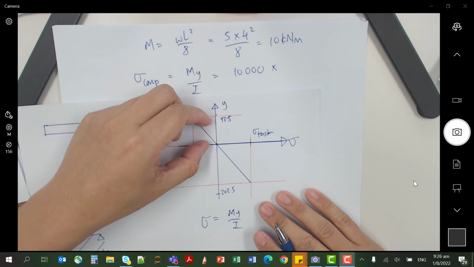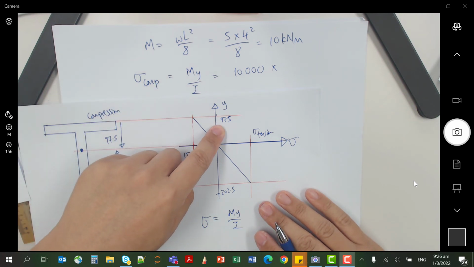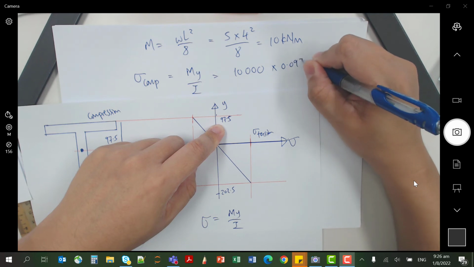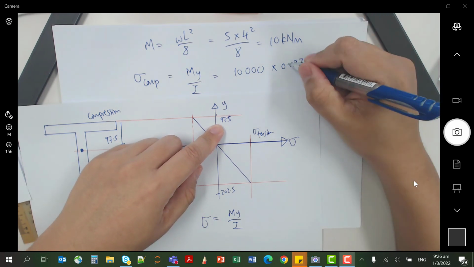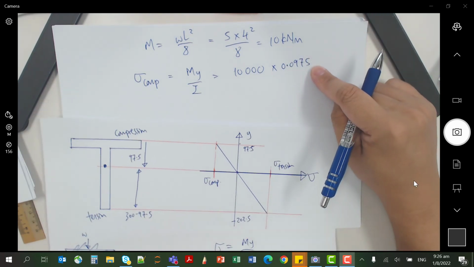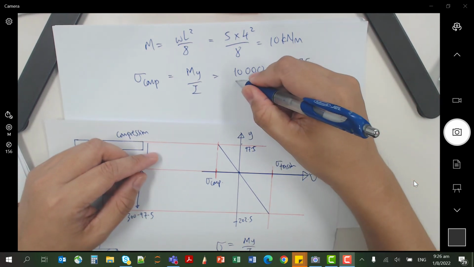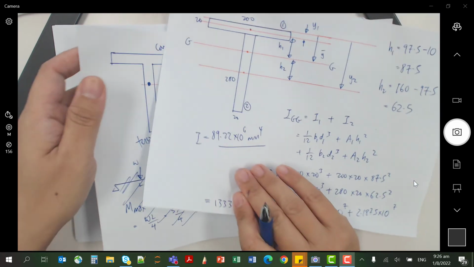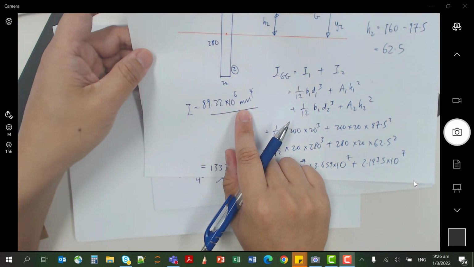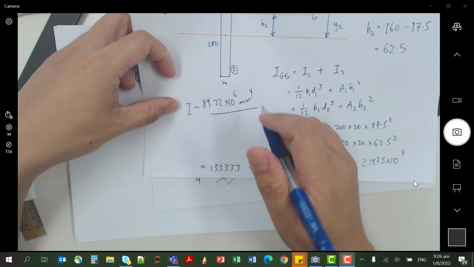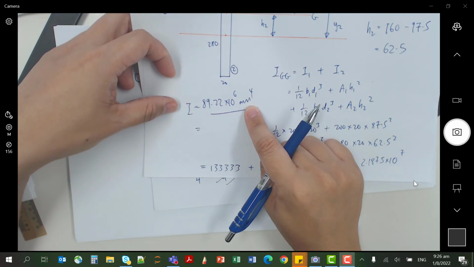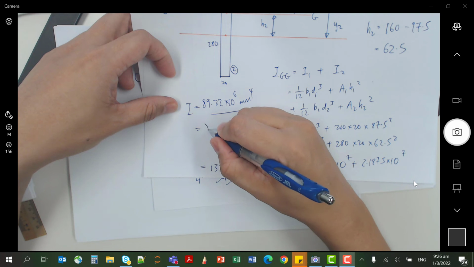Y is 97.5 mm, so this is 0.0975 meters. For I, just now you managed to find 10 to the power of 6 mm to the power of 4. If I want to convert to meter to the power of 4, I have to multiply by 10 to the power of minus 12.